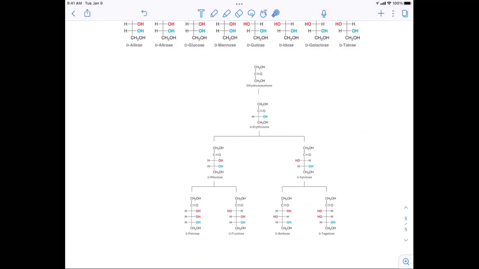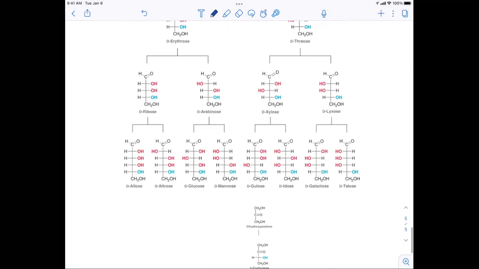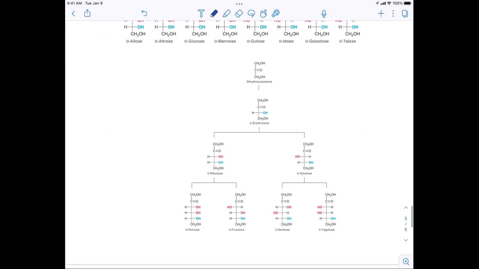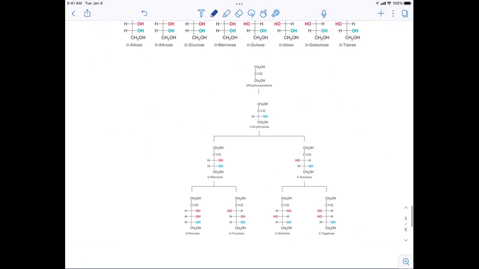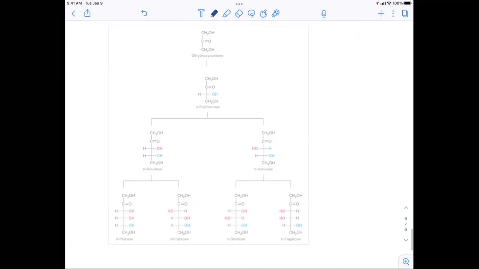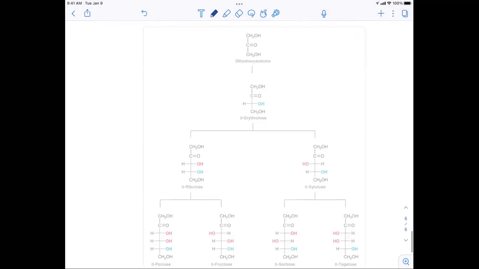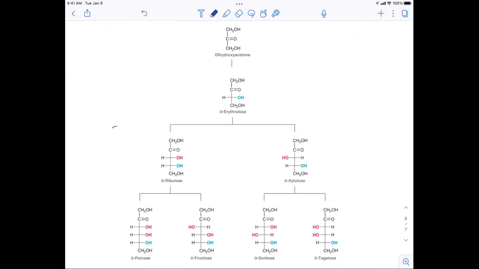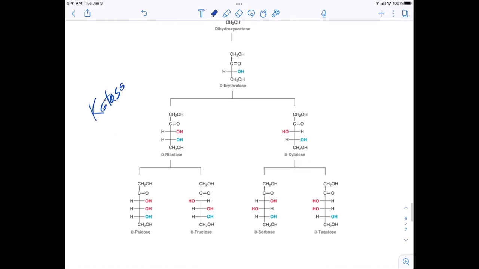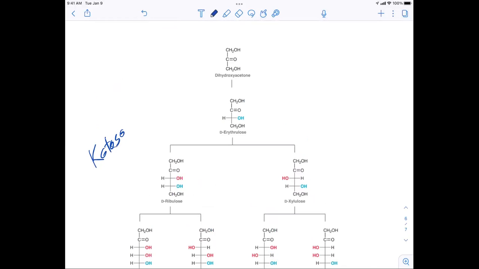then if we look at our ketoses, so this is our family for aldoses, right? Notice these are all aldehydes. Here are our ketoses. Right, and so we can see here that we start with the dihydroxyacetone, right?